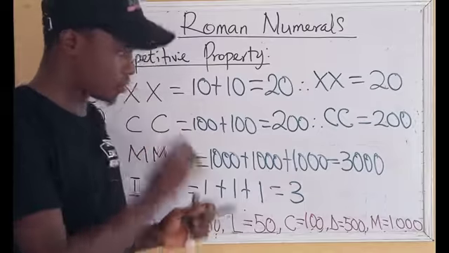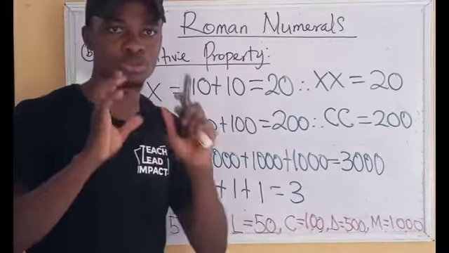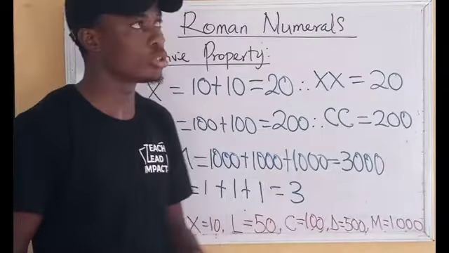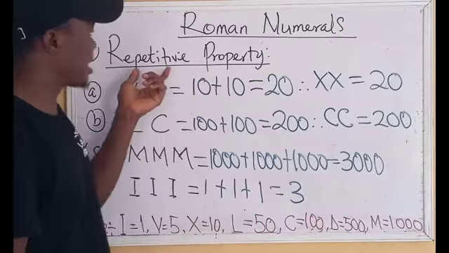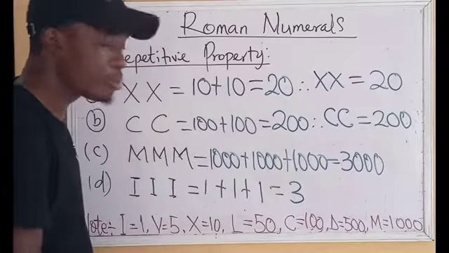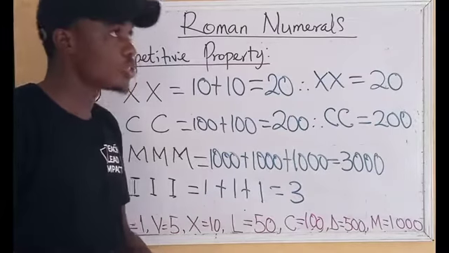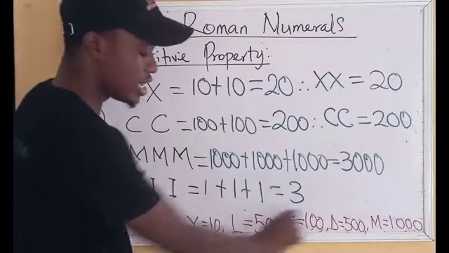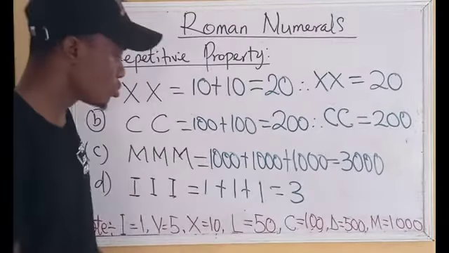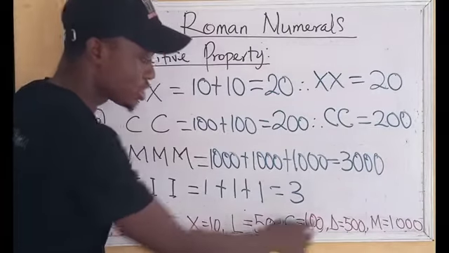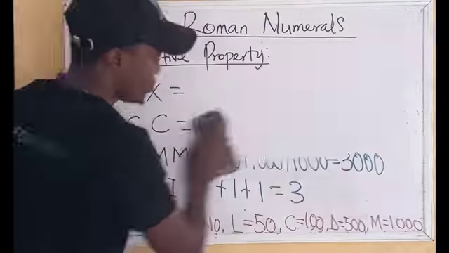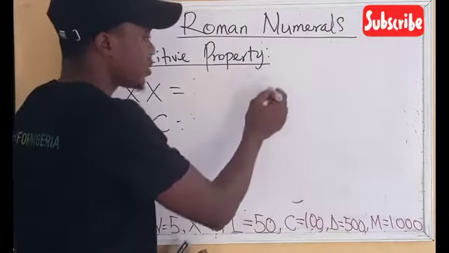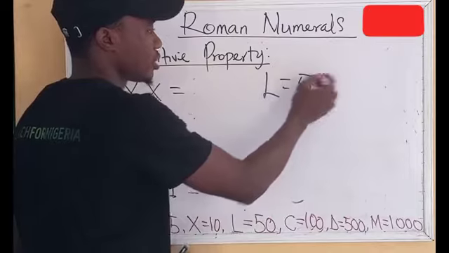But before I round everything up, I'd like to give you some notes you need to follow. When you look at repetitive property, there are some symbols we did not mention here, like L and D. Let me quickly show you the reason why we cannot repeat D and L. Don't forget that L is 50.